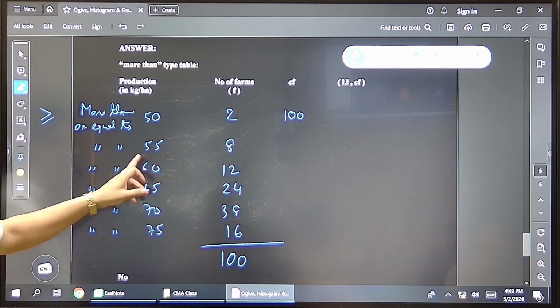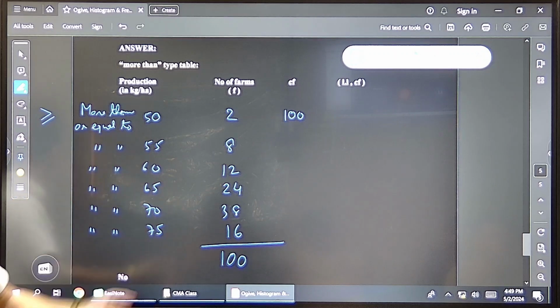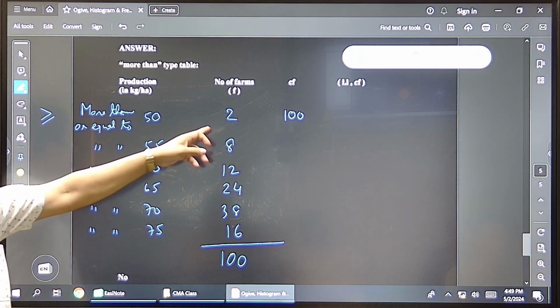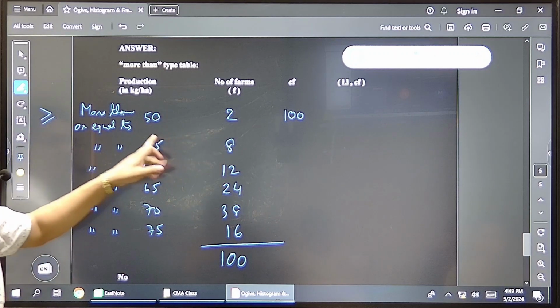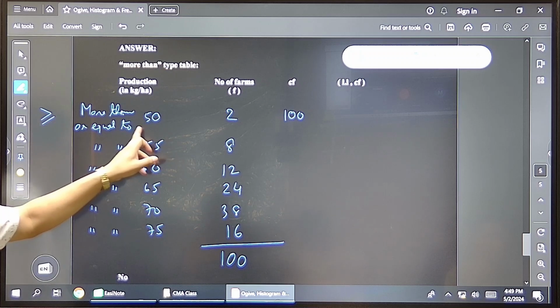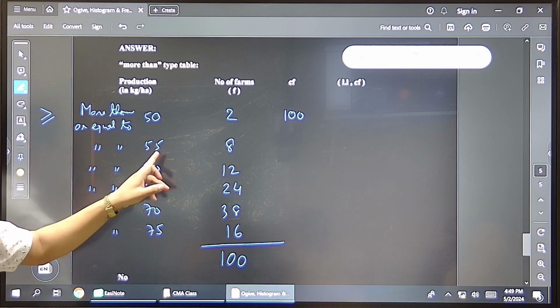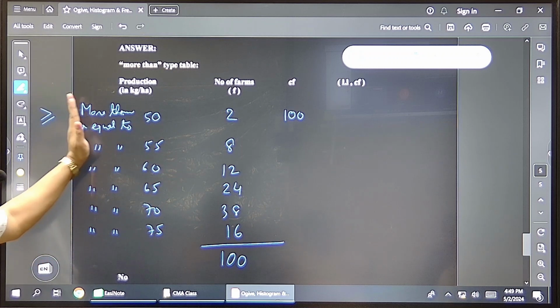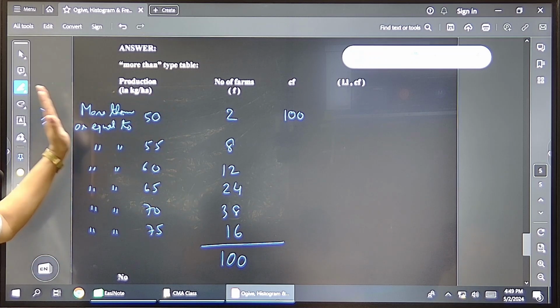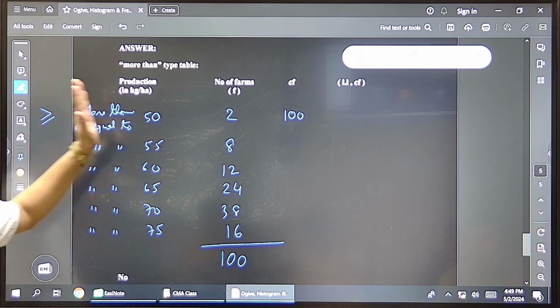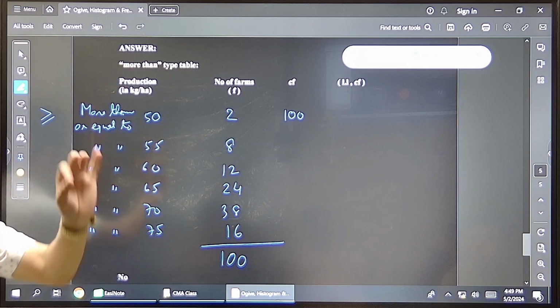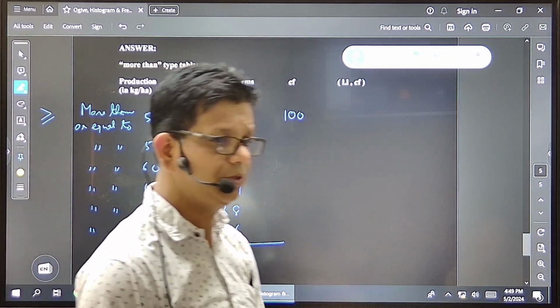Now, more than or equal to 55, which numbers should we not take? These two. Why? Because they did not get more than 55, they got 50 to 55. Those who got 50 to 55 either got 50, 51, 52, 53 or 54.